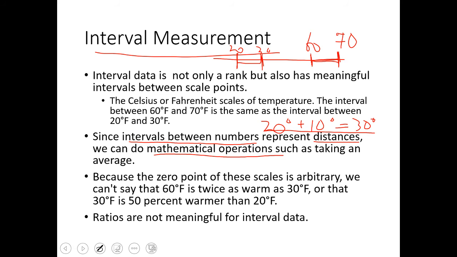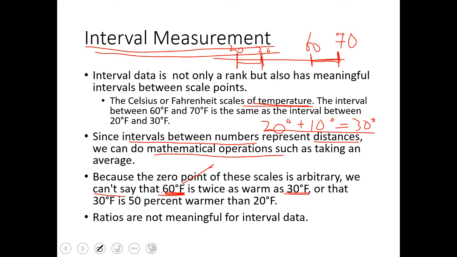So for example, in the interval measurement temperature example, we cannot say that 60 Fahrenheit is twice as warm as 30 Fahrenheit. Imagine that you change this 60 Fahrenheit to Celsius. How many Celsius do we have?